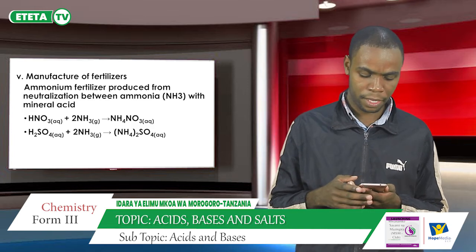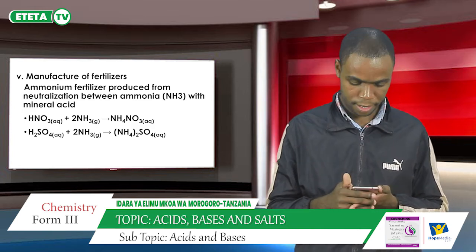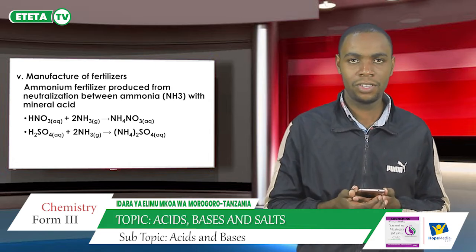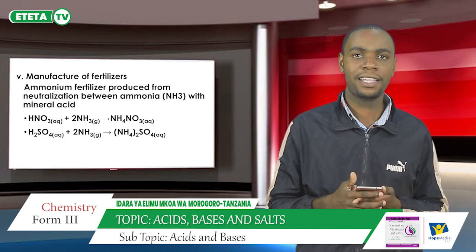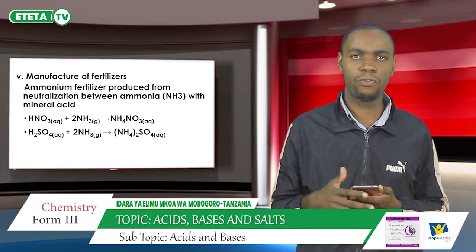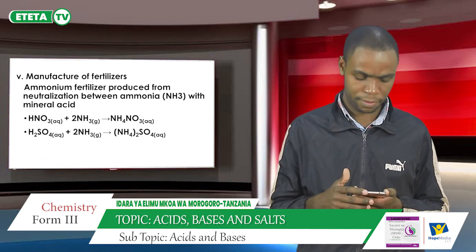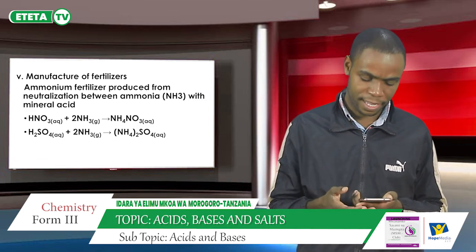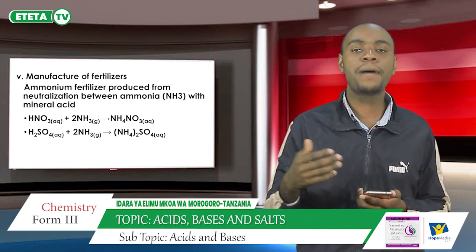For example, if you take nitric acid and react it with ammonia, the product formed is ammonium nitrate. That ammonium nitrate is used as a fertilizer for the growth of crops. Not only that, sulfuric acid also reacts with ammonia to produce ammonium sulfate.